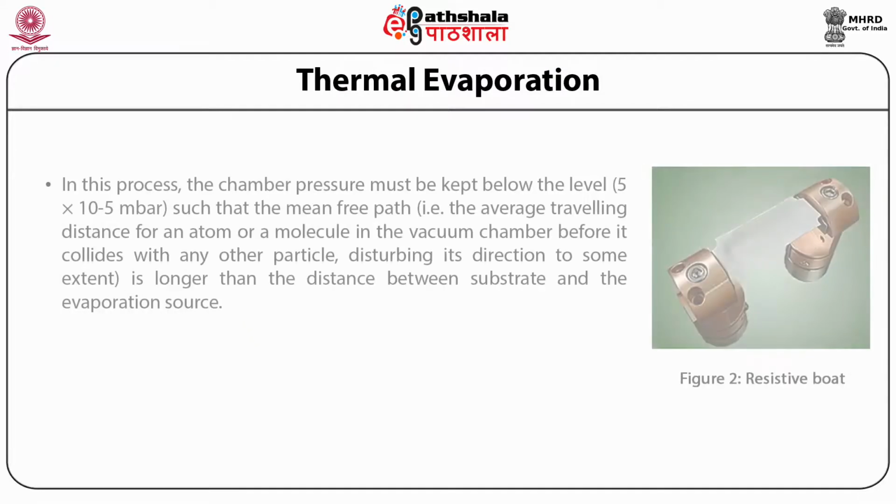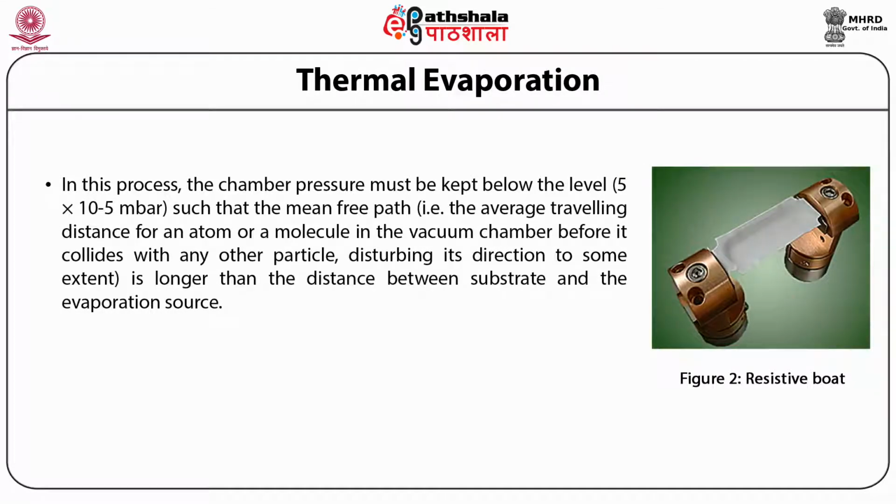So students, in this process, the chamber pressure must be kept below 5 x 10^-5 millibar, such that the mean free path, that is the average traveling distance for an atom or a molecule in the vacuum chamber before it collides with any other particle, disturbing its direction to some extent, is longer than the distance between the substrate and the evaporation source.